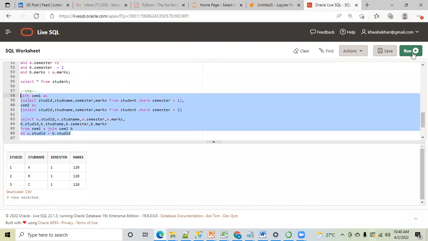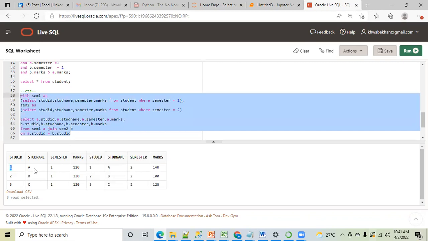Let me execute this. Now you can see here, this is the output of your sem1: 1, A, 120, semester 1 result. This is the output of your sem2: semester 2 result is there, correct? Is this output clear to everyone? You have mentioned here to compare the same student ID.